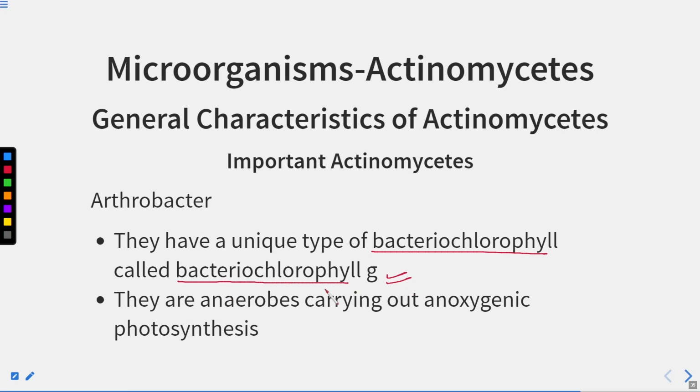This is very important, and they are anaerobes carrying out anoxygenic photosynthesis. So they are anaerobes, okay, so they do not give rise to oxygen in photosynthesis. That is why it is called anoxygenic photosynthesis, but they do carry out photosynthesis, as they have their bacteriochlorophyll g, a unique type of chlorophyll, right?